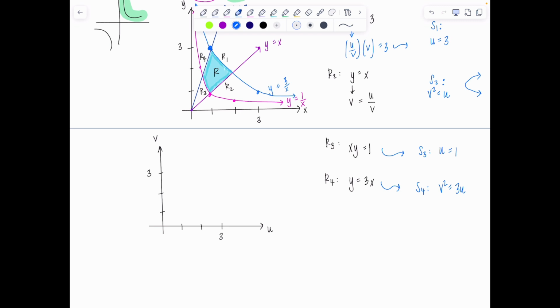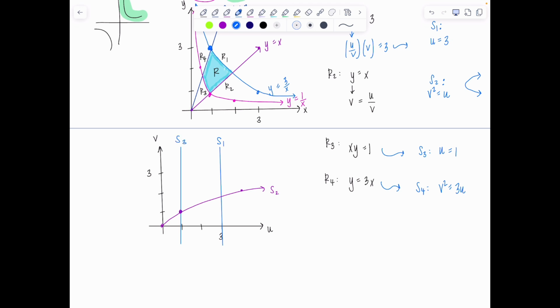Let's do u equals 3, and u equals 1. And then u equals v squared, so that would go through (1, 1) and (4, 2). This is S2. Should I have been labeling them? S1, S3, and then S4.